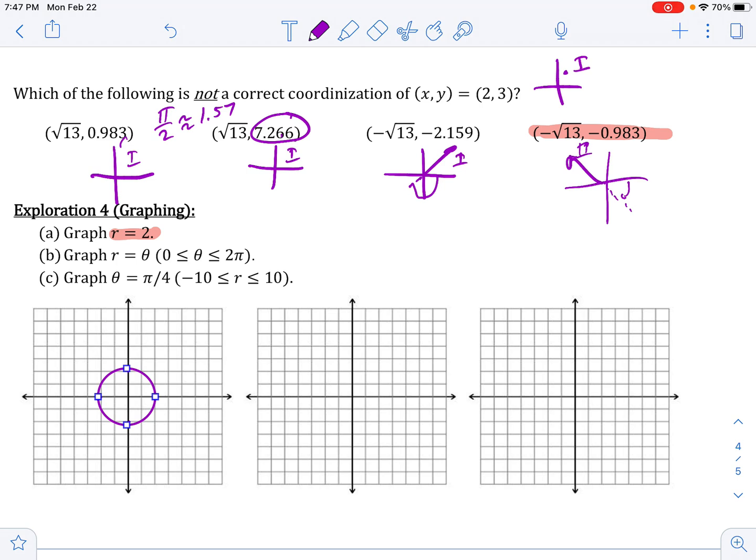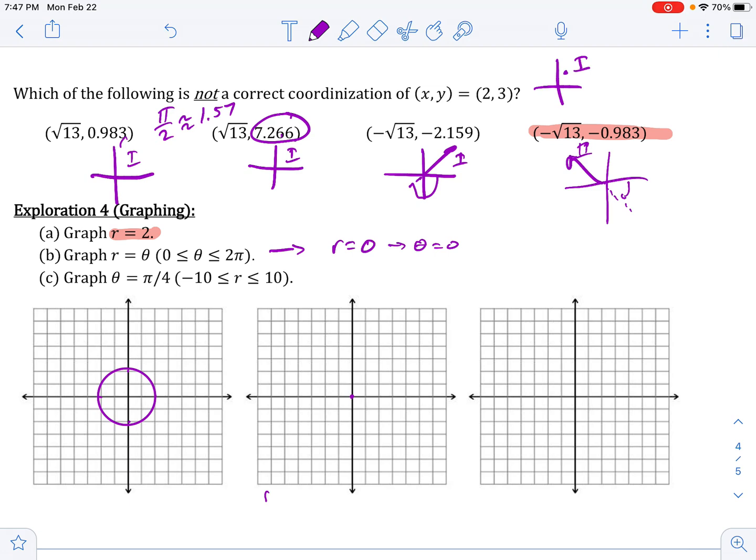Okay, and the next one, where r equals theta, going from theta equals 0 to 2 pi. Think about the implications here. When r is 0, that means that theta was 0. So at 0 degrees, you're at 0, so that's at the origin.